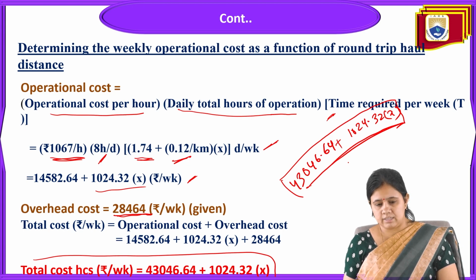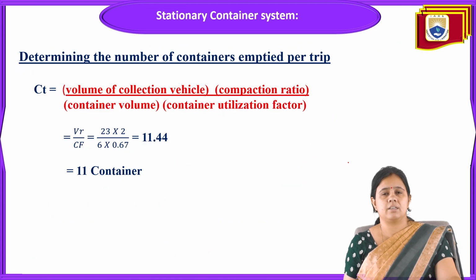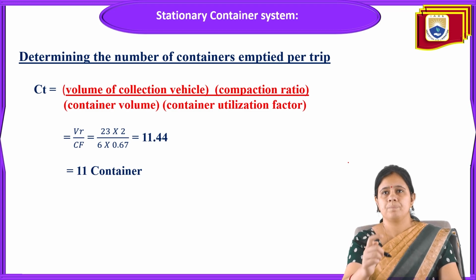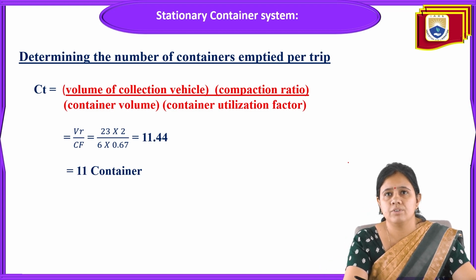Okay, now comes the other part of this numerical. Here we have to determine the number of containers emptied per trip. In a trip, how many containers will be emptied? It is represented by CT.